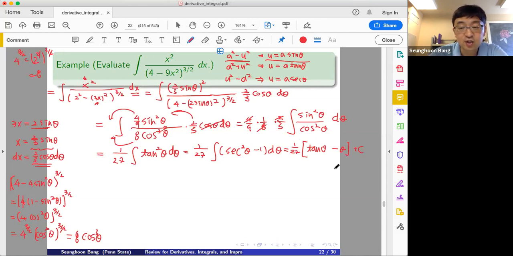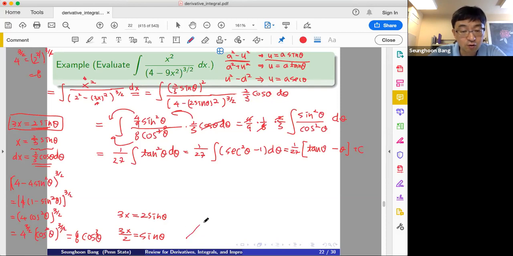Next, change back from theta to the x variable by using this relation. What is the relation? We have 3x equals 2 sine theta, divided by 2. 3x over 2 equals sine theta.